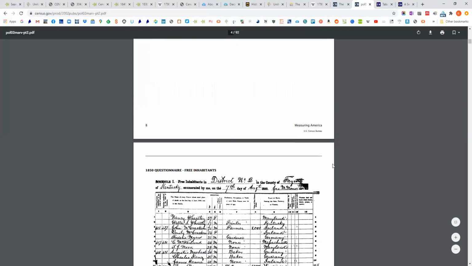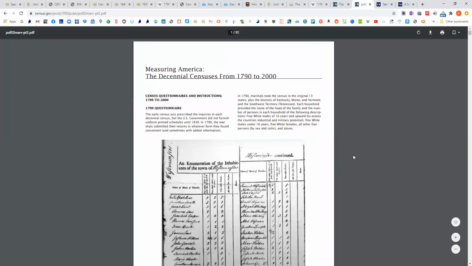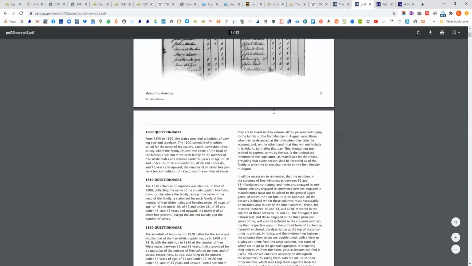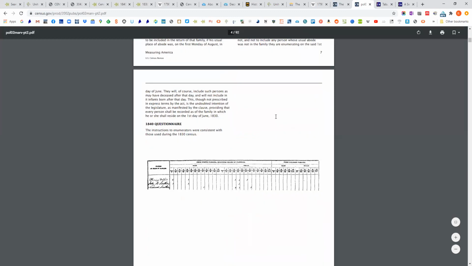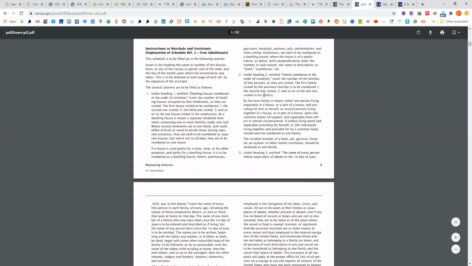So if you're struggling, or if you're like me and just a bit of a geek about this stuff, it is definitely worth taking a look at this to see what the instructions were.